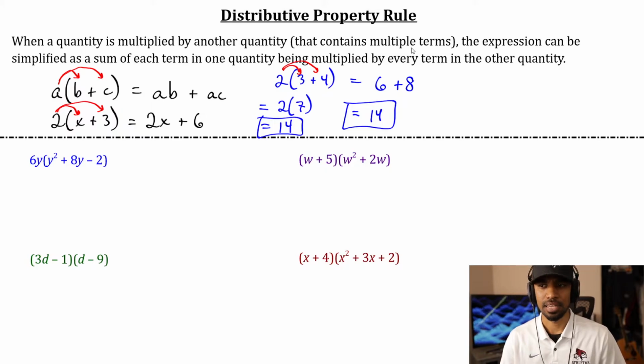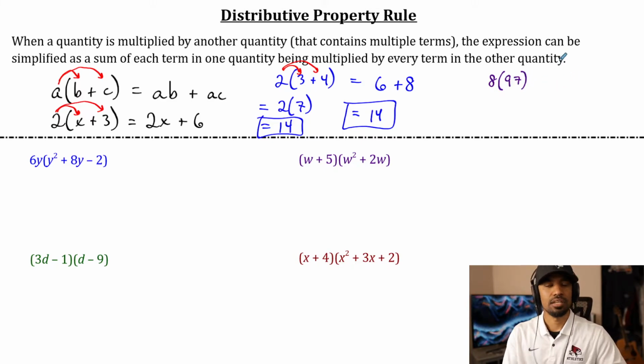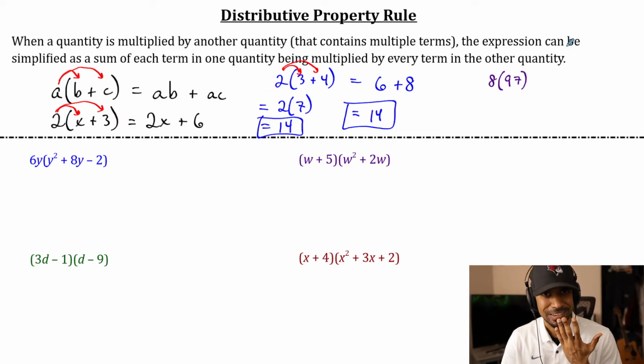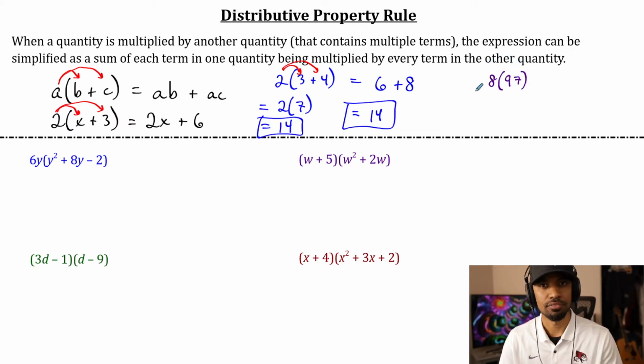But here's the other one. What if you have a problem like this? What if I had a problem that said, let's see, I'll make one up. It says like 8 times 97. 8 times 97. And you don't actually want to do 8 times 97. See, I can rewrite 97 as a difference of two numbers that will make multiplying 8 by those numbers a lot easier. I can instead do 8 times 100 minus 3.